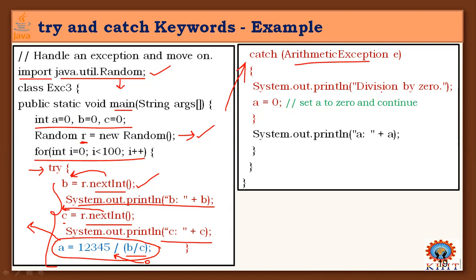And it handles it and informs the user that at this particular b and c values, when these two values are divided by each other like this, b slash c, it generated the value 0 and raises an exception, right?